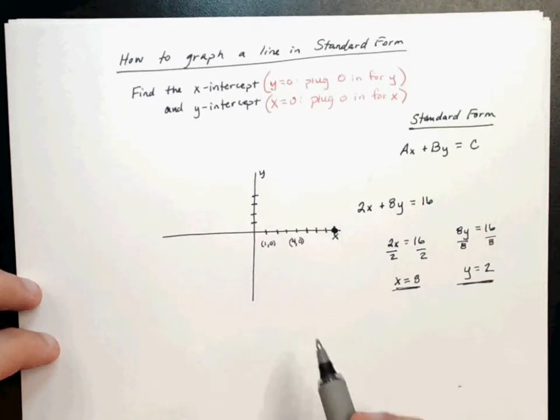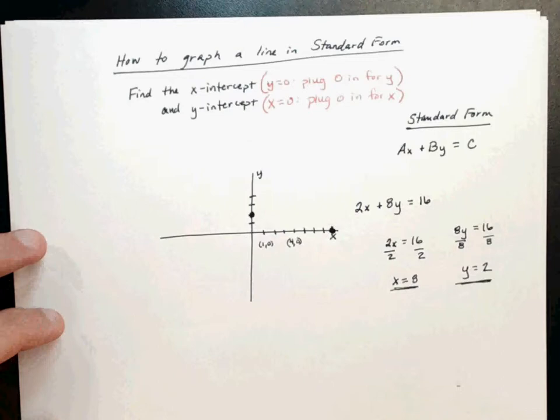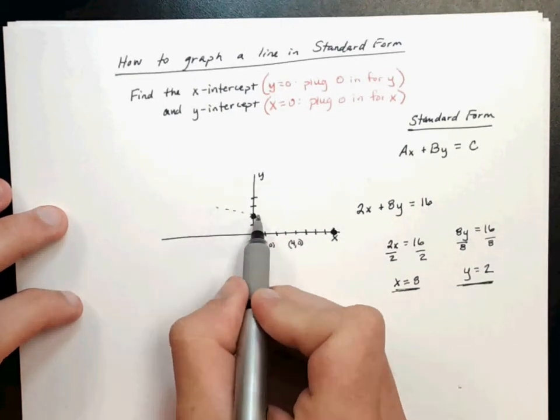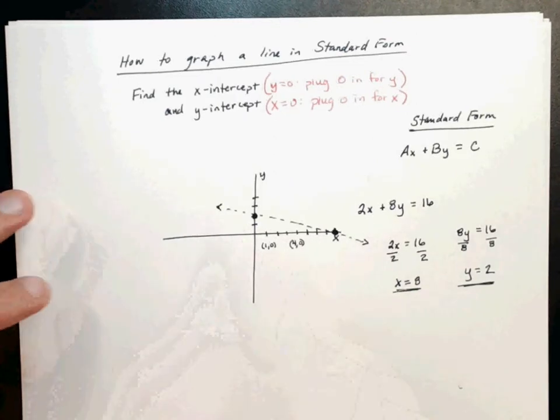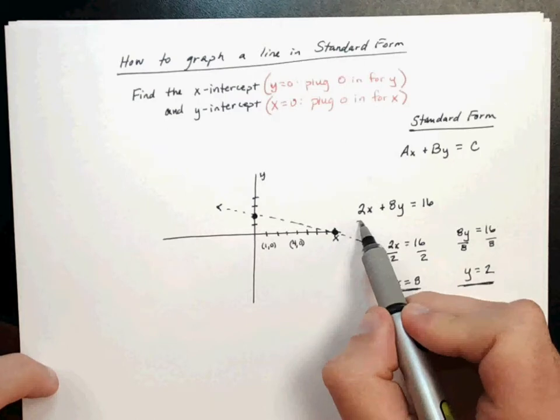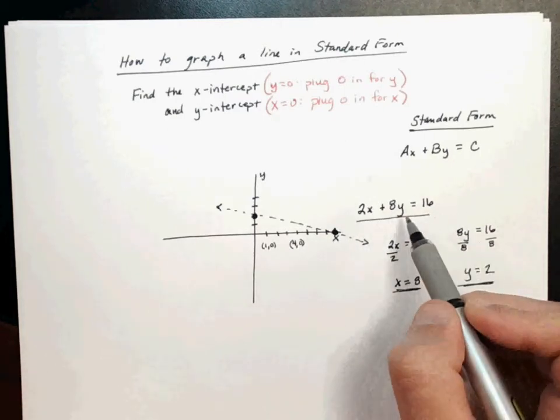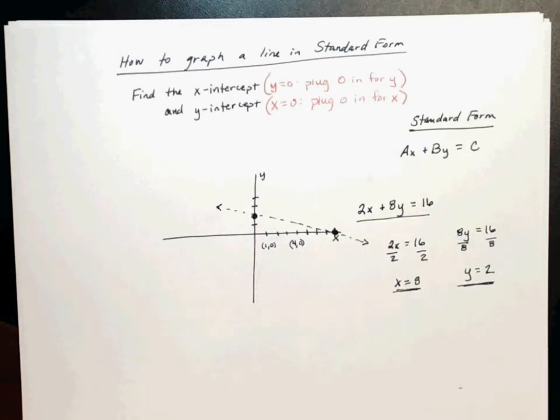So my y-intercept is 2. How many points do you need to make a line? All you need are 2 points to make a line. And there it is right there. That's what our line would look like. The line 2x plus 8y equals 16 looks like that line right there.